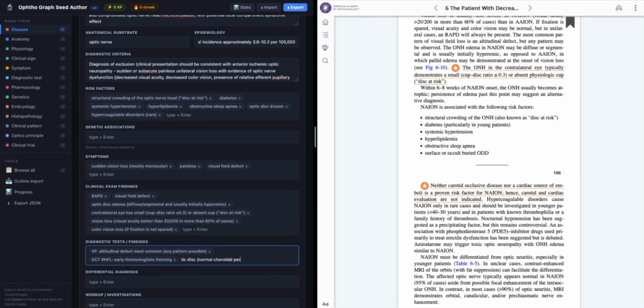Normal choroidal perfusion, and that becomes important in differentiating. MRI is usually normal, right? So the optic nerve usually appears normal 95% of cases.